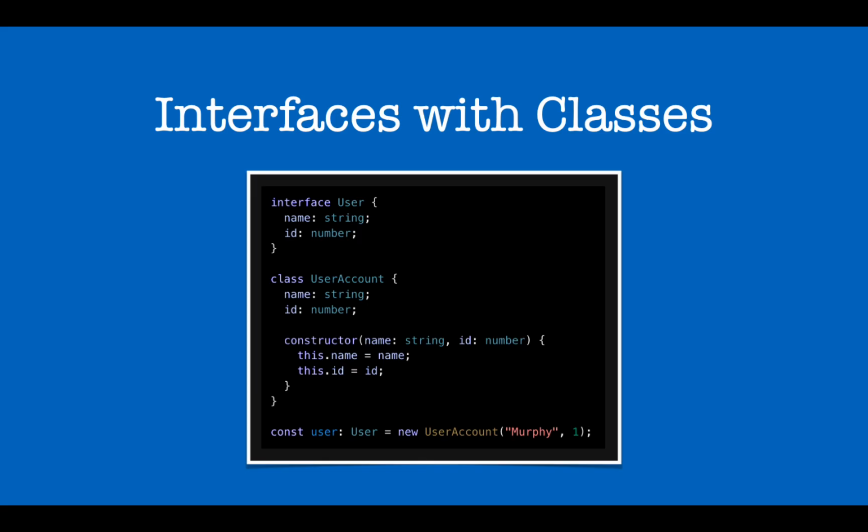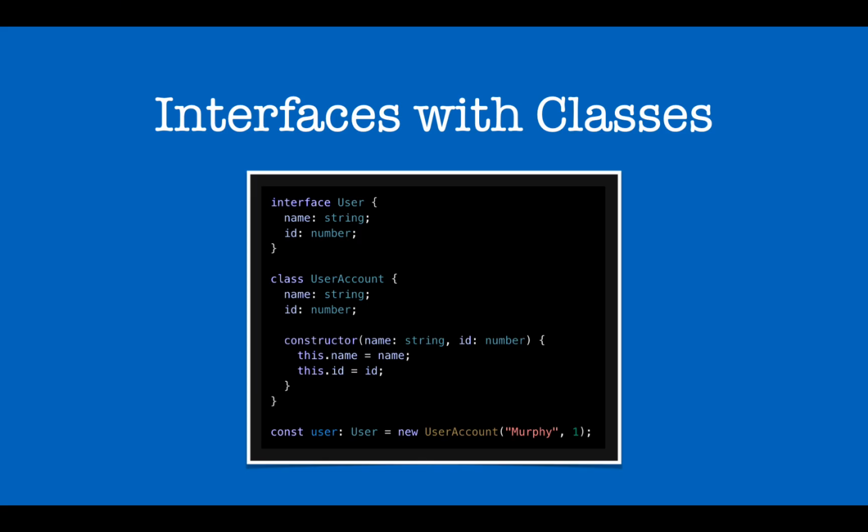So that last line of code, that's an object being created, a user object of type User defined by the interface. So const user of type User is equal to new UserAccount, and the parameters we give it are Murphy, 1. So the name and ID of this new user, Murphy with ID 1.